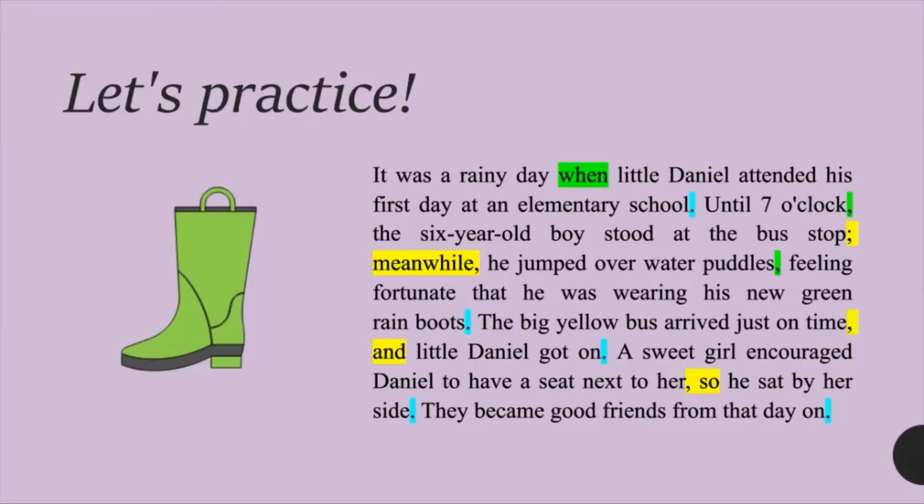The second part says: Until 7 o'clock, the 6-year-old boy stood at the bus stop; meanwhile, he jumped over water puddles, feeling fortunate that he was wearing his new green rain boots. Now, this is a bit more complicated, but let's break it down.